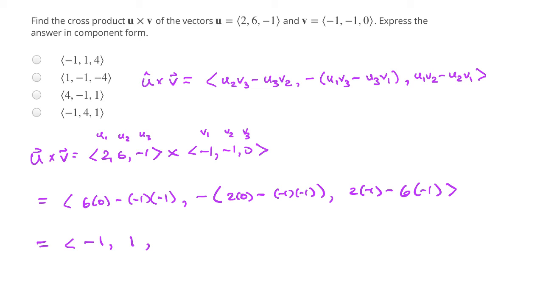And finally, for our third component, we have a -2, and then +6, which gives us a +4. And so either way, we end up with the same answer of -i plus j plus 4k.